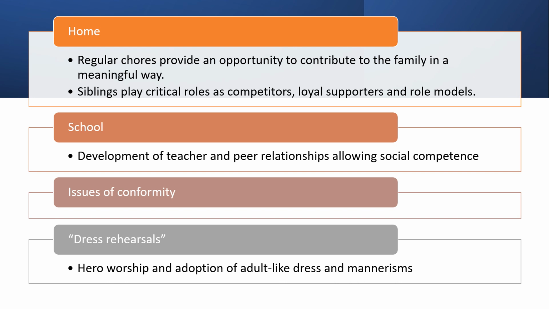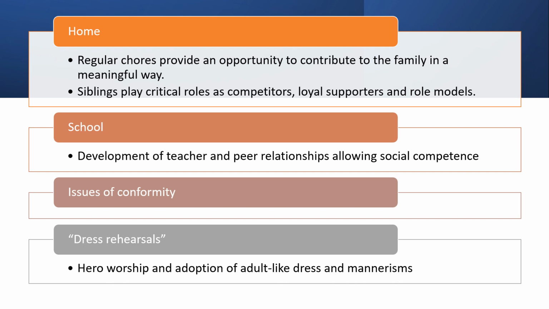They also have issues of conformity. That's why some parents have a tendency to call out a classmate that they don't like, saying that child is a bad influence. They have this notion because of the issues of conformity of their children. If their children conform to that friend, they think their children will be influenced.